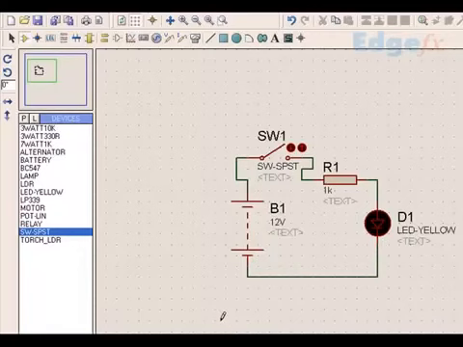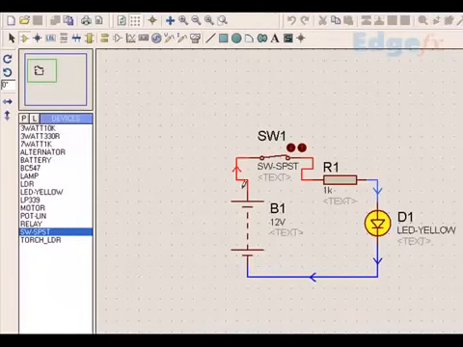Now all of us know that when we close this switch, this LED is going to glow. So let me see that. When I close this switch, the LED starts glowing. How?